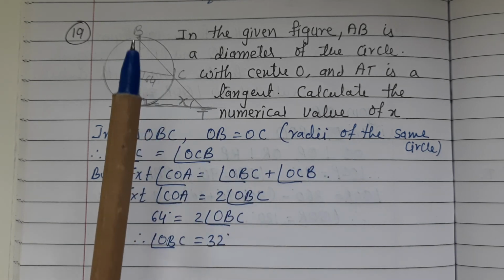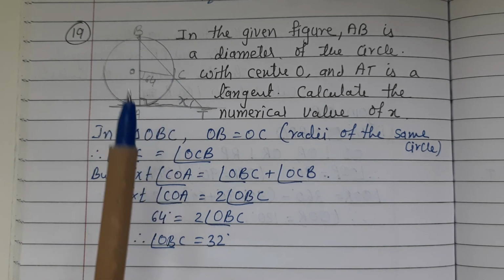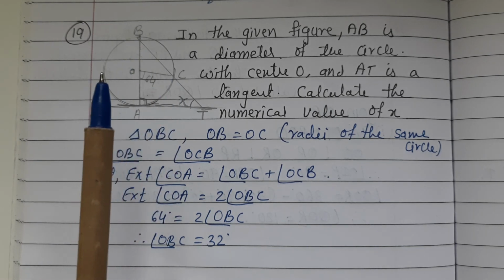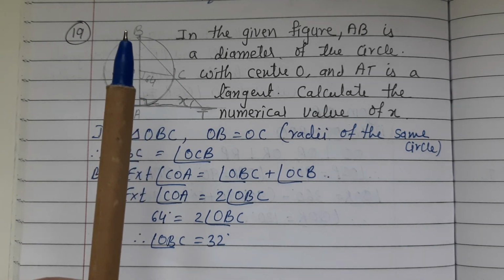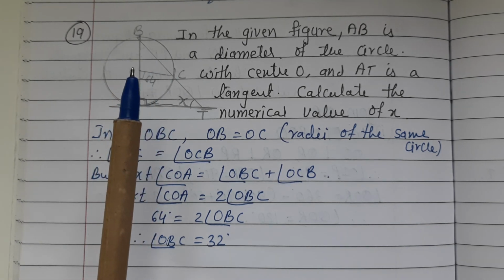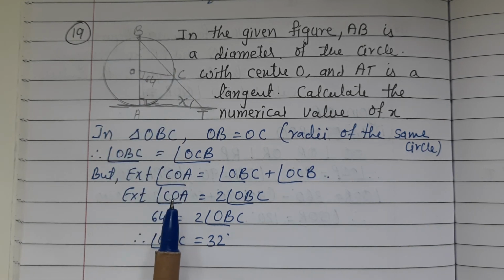Therefore, angle OBC is equal to angle OCB. But exterior angle COA is equal to angle OBC plus angle OCB. Exterior angle COA is equal to twice angle OBC. 64 is equal to twice angle OBC. Therefore, angle OBC equal to 32 degrees.